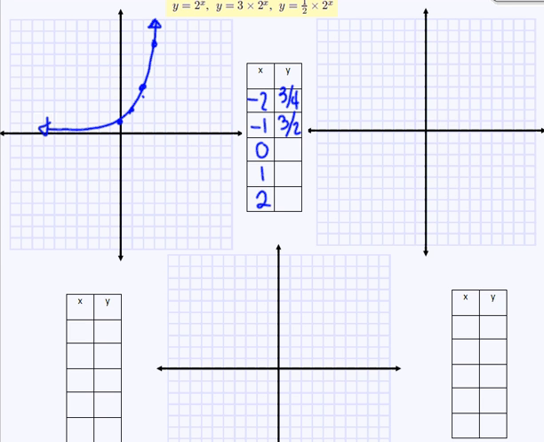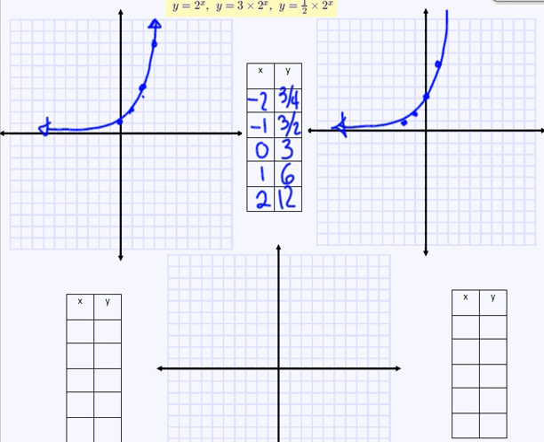This will be 3 times 1, which is 3. 3 times 2 is 6, and 3 times 4 is 12. Three over 2 is the same as 1.5. We've got 0, 3, then 1, 6, and 2, 12, which is off our graph. Okay, so something like this.